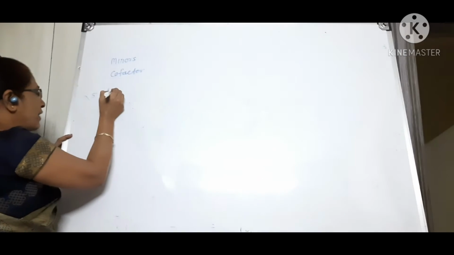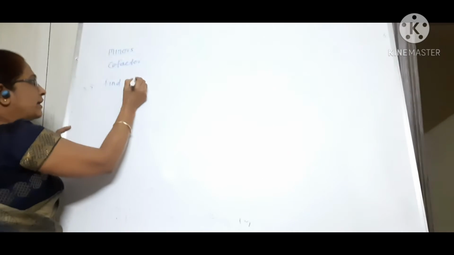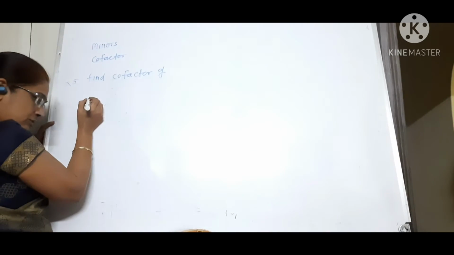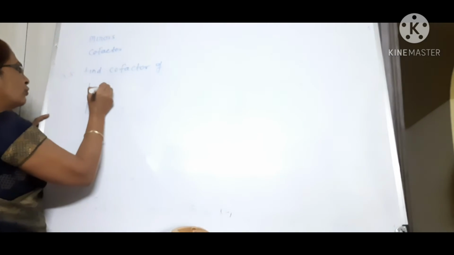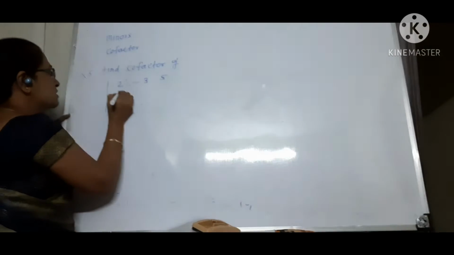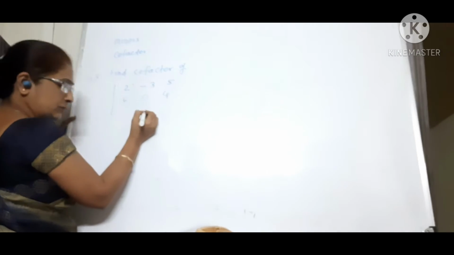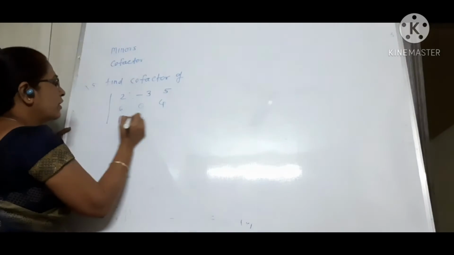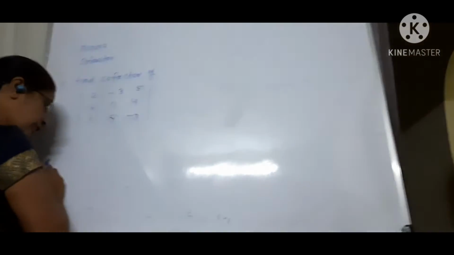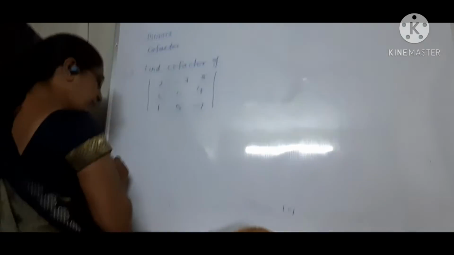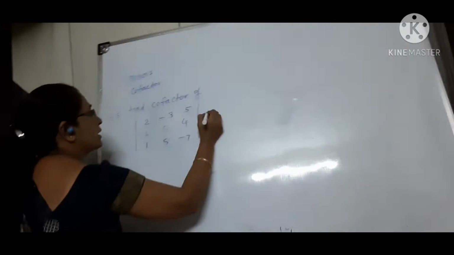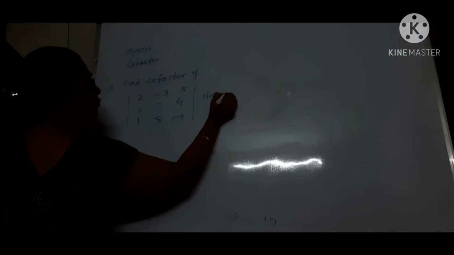That is, find the cofactor of the matrix with rows 2, -3, 5; 6, 0, 4; 1, 5, -7. Find the cofactor of elements in second row.